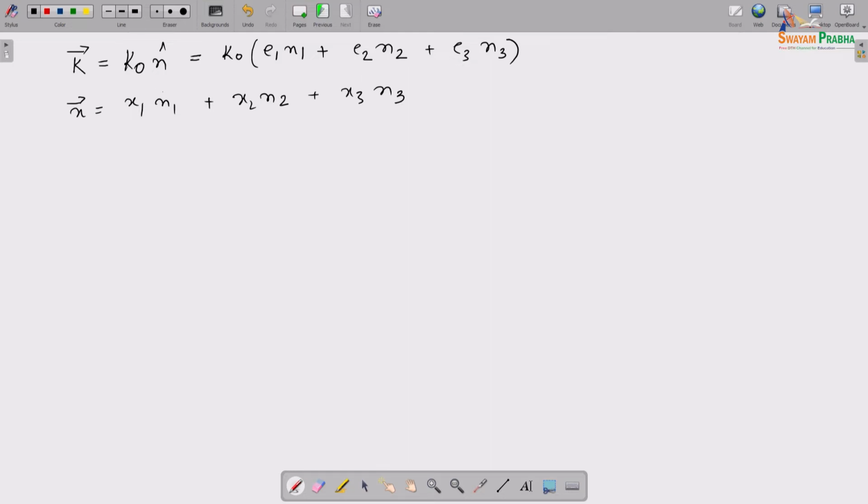Why don't I write it like this? Actually, this also I should write like this. Correct? These are the unit vectors basically.